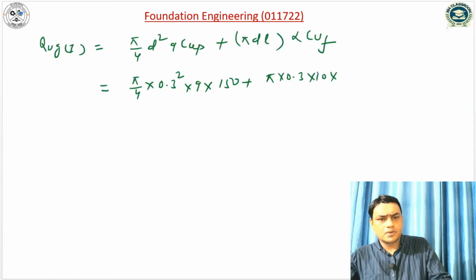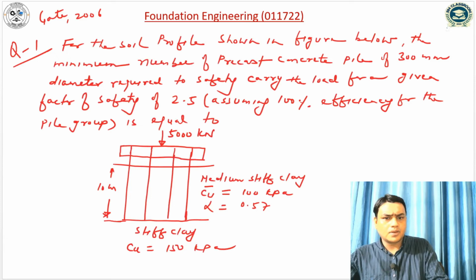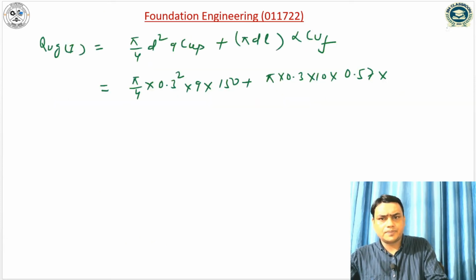0.57, so 0.57 into the average undrained cohesion along the length of the pile, which is 100.